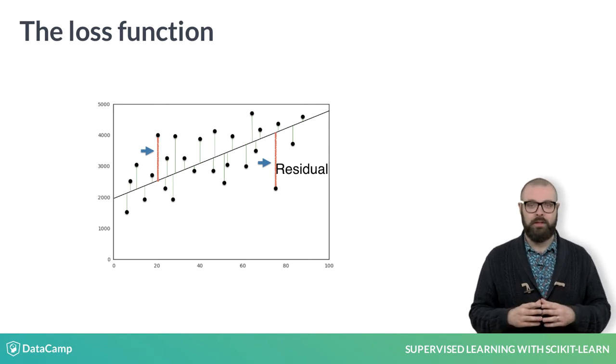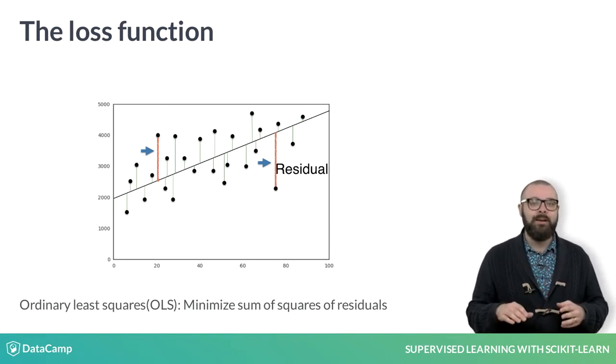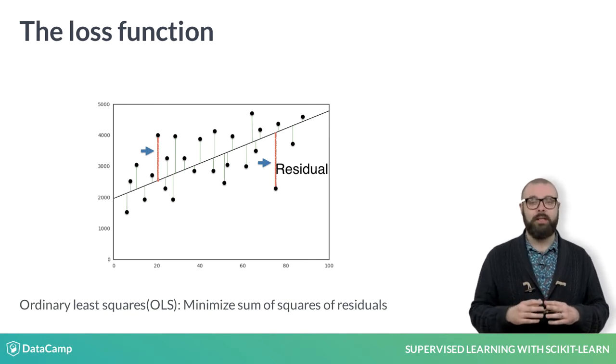This will be our loss function, and using this loss function is commonly called ordinary least squares, or OLS for short. Note that this is the same as minimizing the mean squared error of the predictions on the training set. See our statistics curriculum for more detail. When you call fit on a linear regression model in scikit-learn, it performs this OLS under the hood.